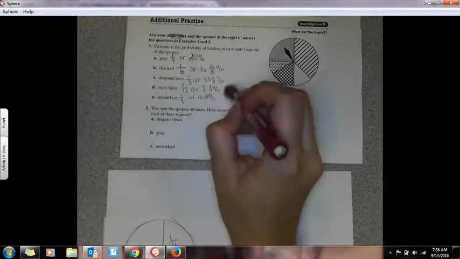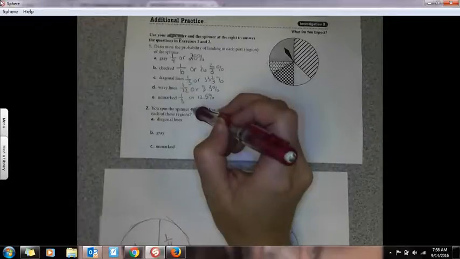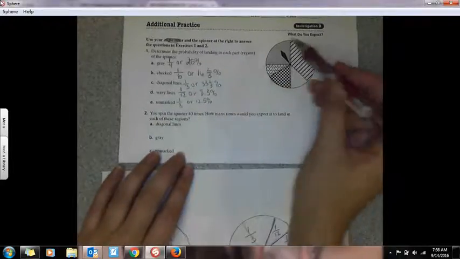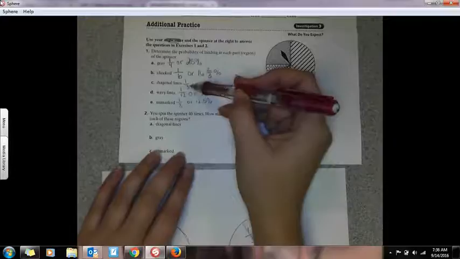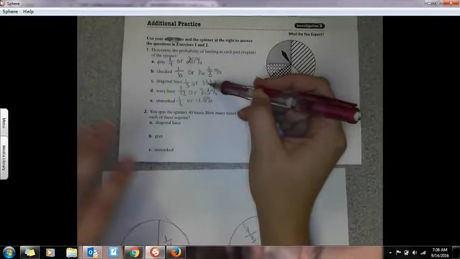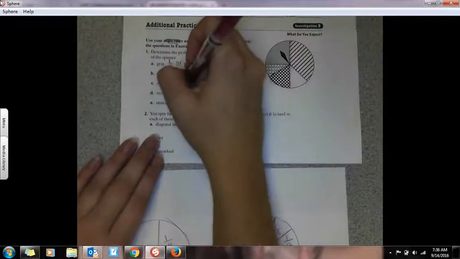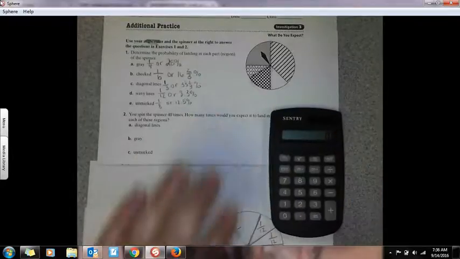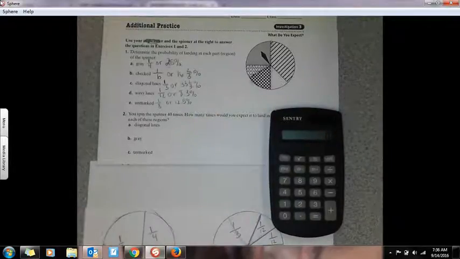Okay, so for diagonal lines, we found that it's going to land in that area 1/3 of the time, or 33 1/3%. So what we're going to do is take our calculator and find about how much it should land on there. If I put in my calculator 33 1/3 as a decimal, that would be 0.3333 repeating.